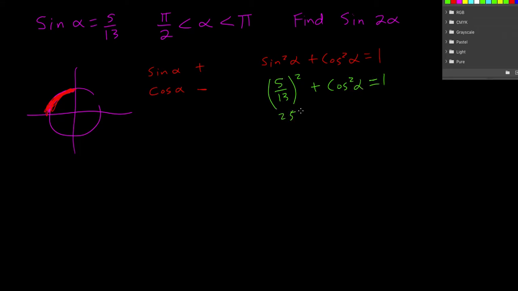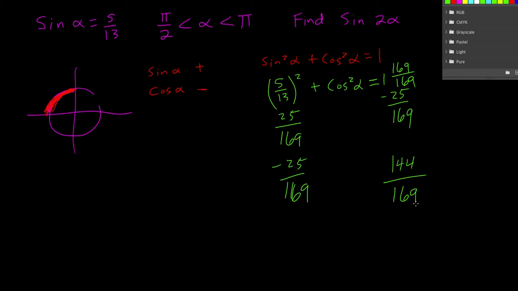So this is going to be 25 over 169, squaring the top, squaring the bottom. And then I'm going to subtract that from each side. And so I'm going to think of 1 like it's 169 over 169, just so we have a common denominator. And so what does that give us? That gives us 144 over 169.